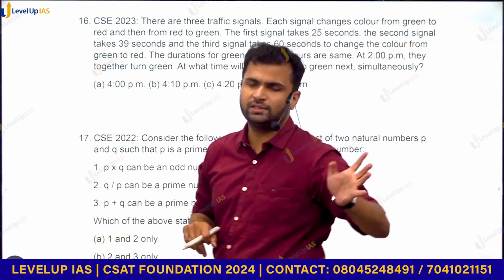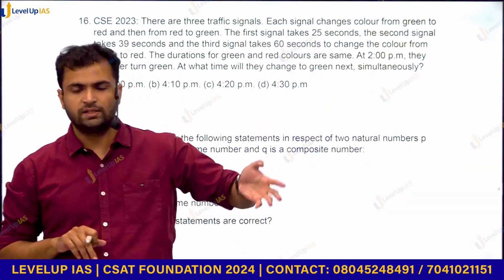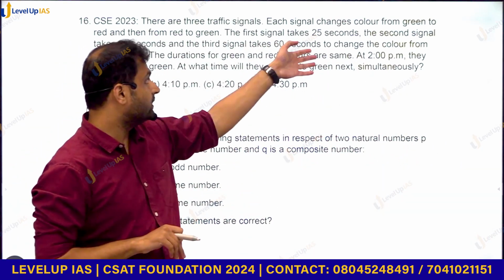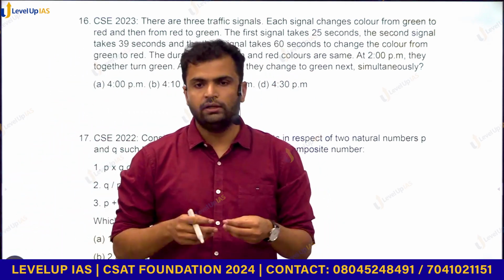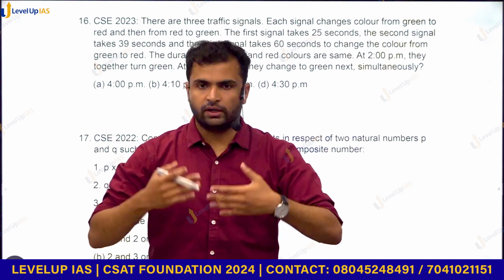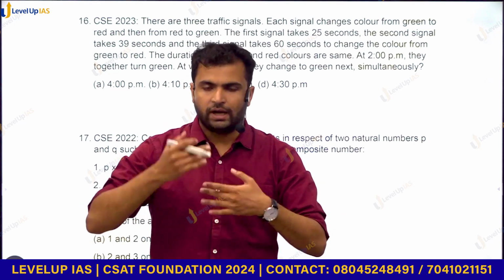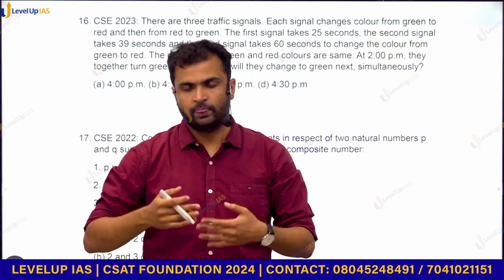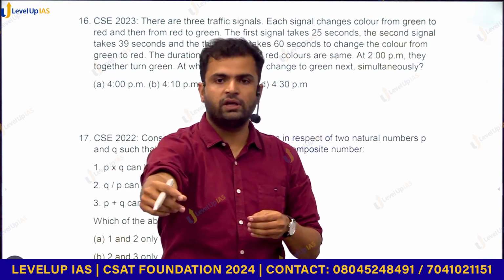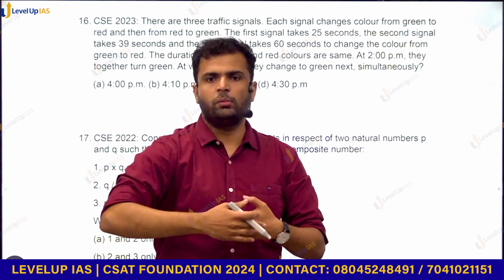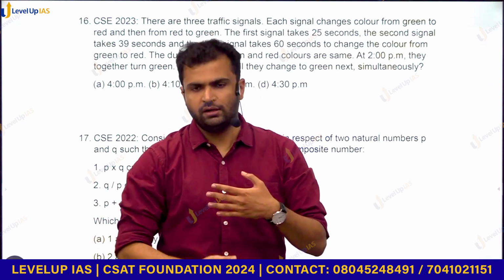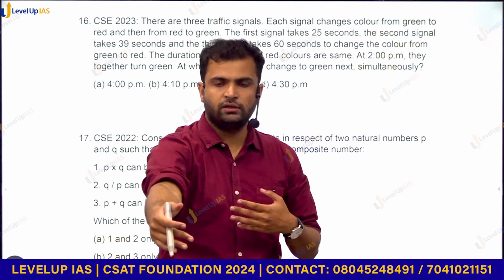Now what is happening? Simply, there is one signal. There are three colors: red, green and yellow. The signals turn together at 2 p.m. Now again after 25 seconds the first signal will turn green. There is some common duration for which they remain lighted, and after 25 seconds it will turn green.